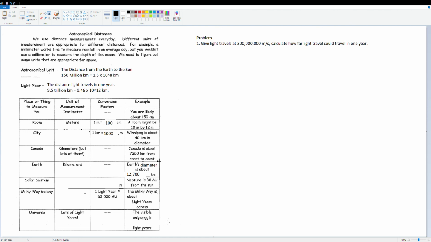If you want to write that out, you can quickly put it as 1.27 times 10 to the power of 4 kilometers. Then when we get to the solar system, you could still use kilometers, but we decided to make the term astronomical unit.